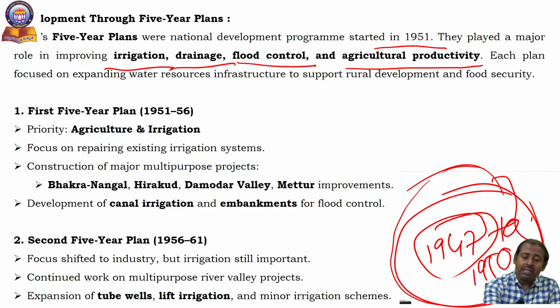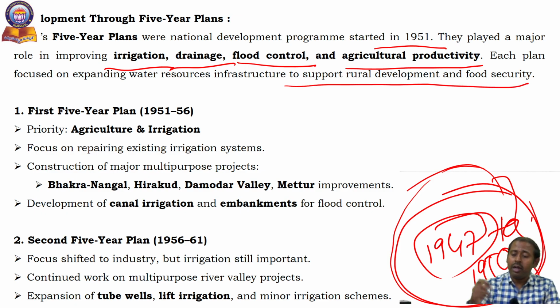Each plan has focused on expanding the water resources infrastructure to support rural water development and food security. In every plan they implemented each and every point and development on each and every objective.